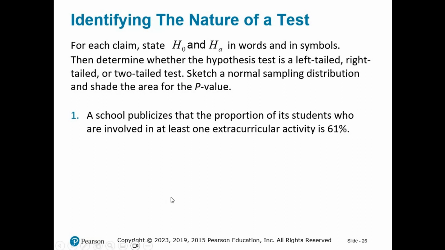Number 1. A school publicizes that the proportion of its students who are involved in at least one extracurricular activity is 61%. So before we found that the null hypothesis was equals, and the alternative hypothesis was not equal to. So that means we're going to do which one of those three tests: left-tailed, right-tailed, or two-tailed test.